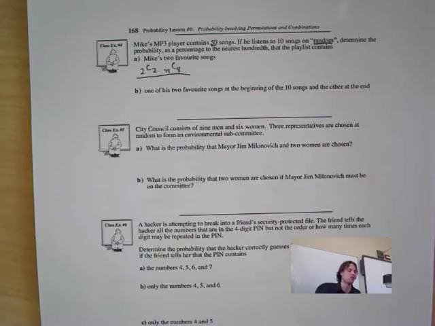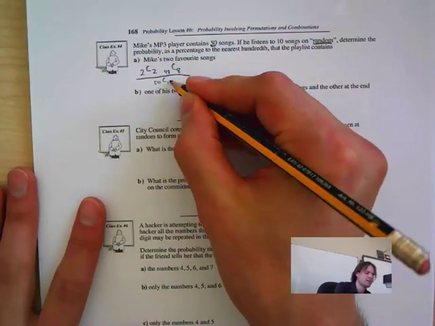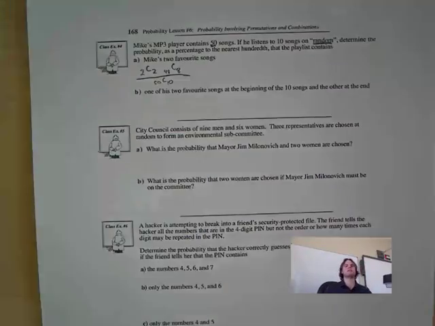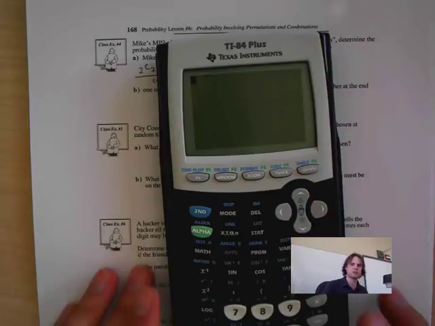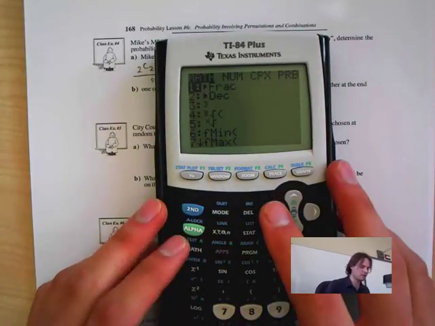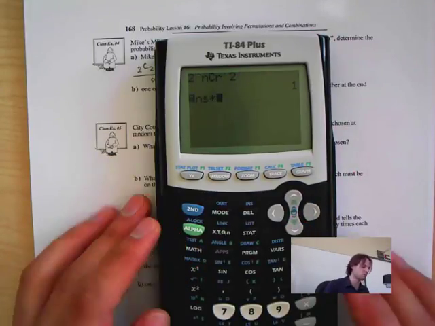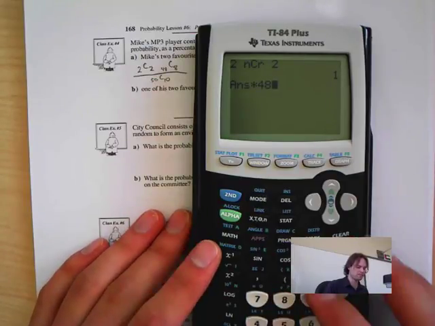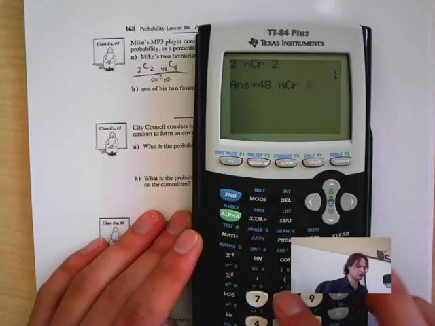That's the wanted. Now all total possibilities is out of 50 songs, he has a combination of 10. So when we calculate that together, I'll just quickly do that on the calculator here. So it's 2 math, choose 2, which is 1, multiplied by 48 choose 8.